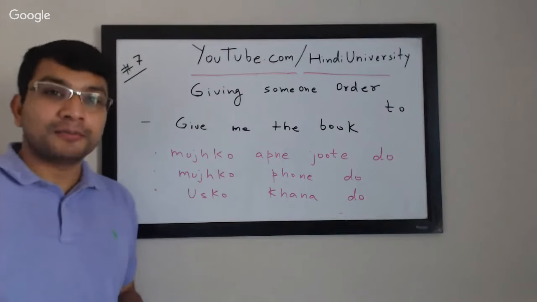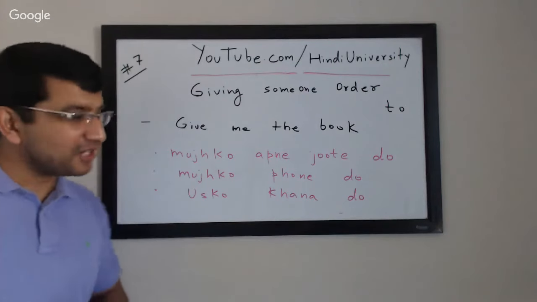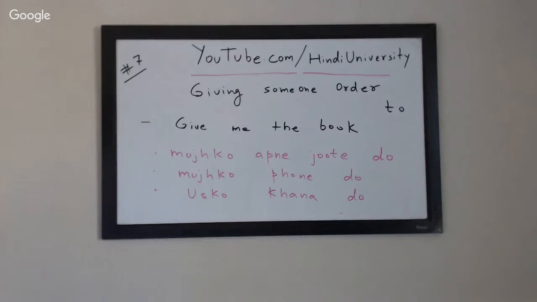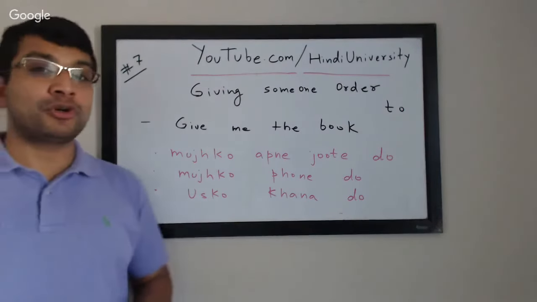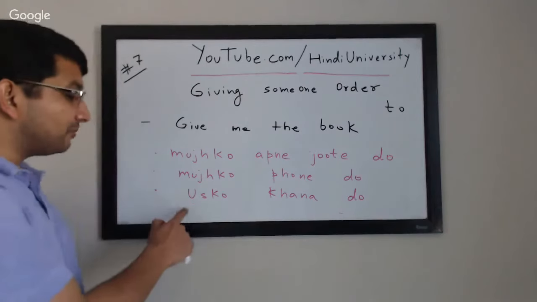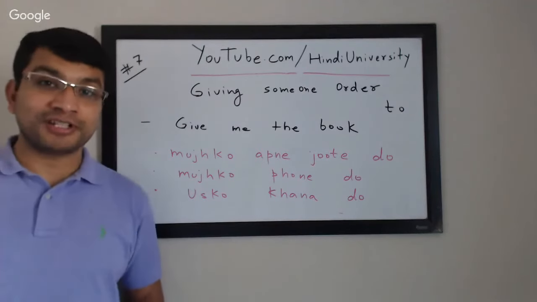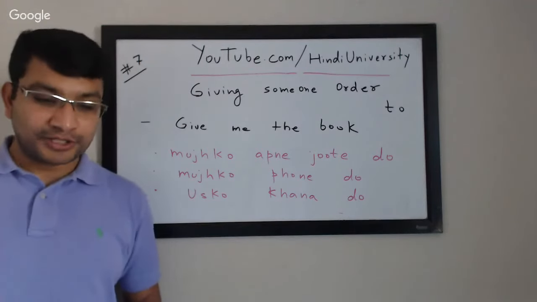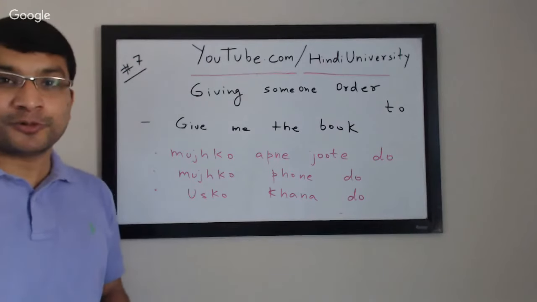Very good. क्या चाहिए. आपको क्या चाहिए? That's when you say आपको क्या चाहिए. And then if the person says मुझको खाना चाहिए, then you can order someone, let's say you're the facilitator. You can say उसको खाना दो. Give him the food because he's hungry.